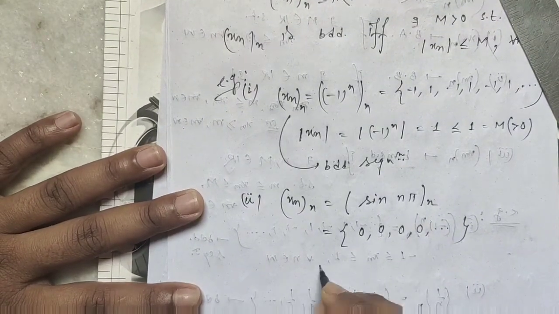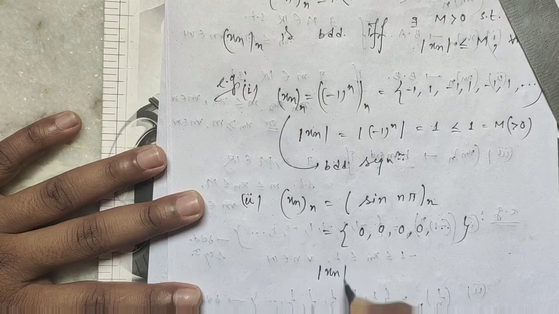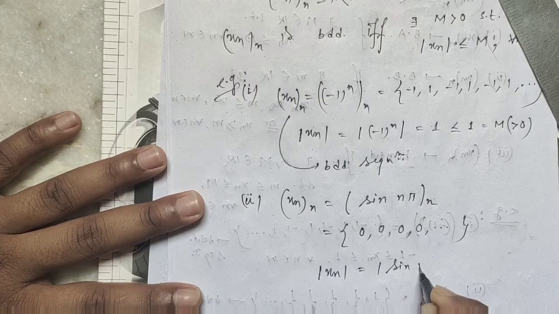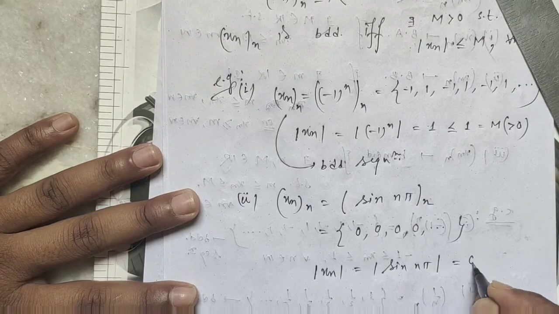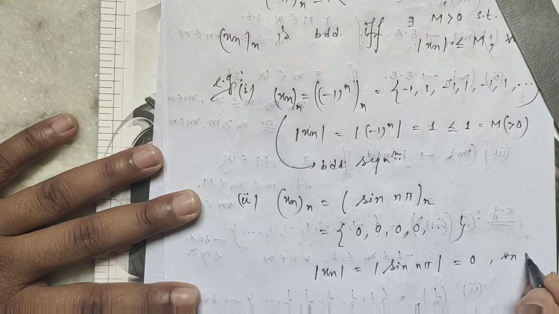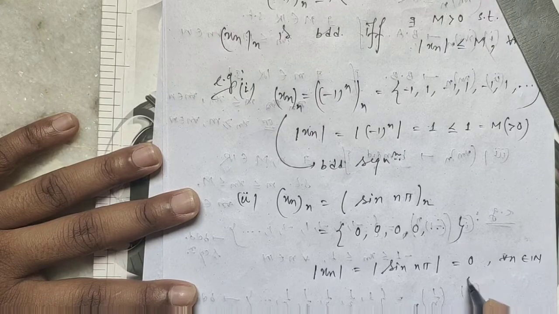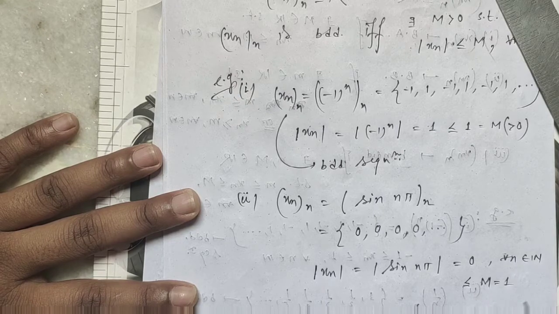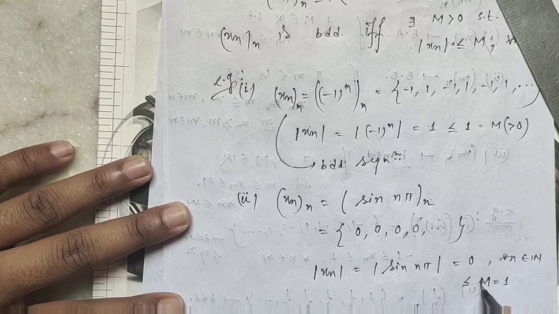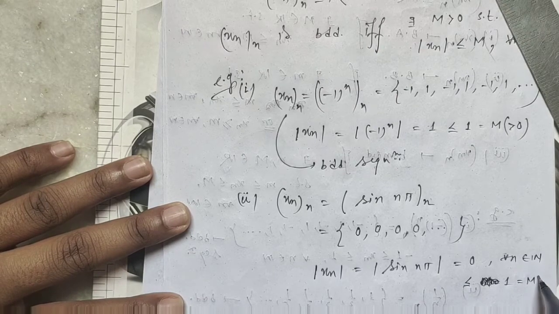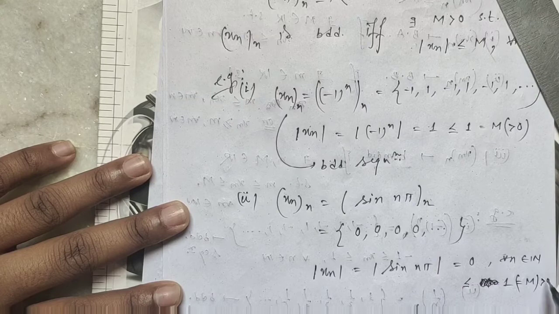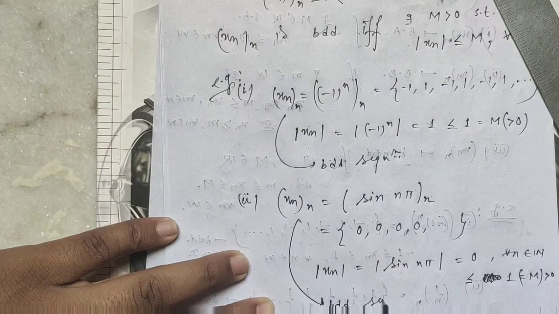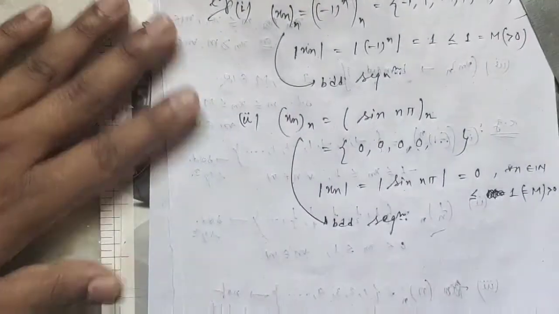Then mod of xn equal to mod of sine n pi, which is equal to 0 for all n. This is less than or equal to m if we take m equal to 1, which is greater than 0. So this is a bounded sequence.